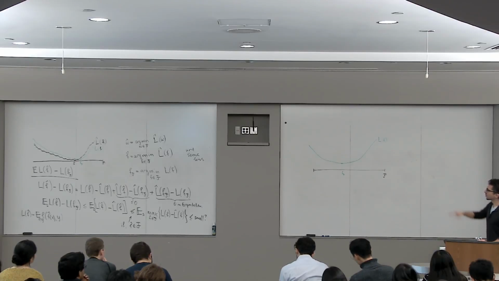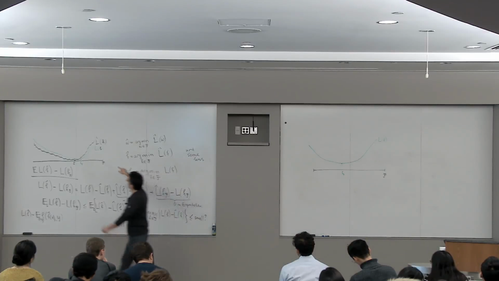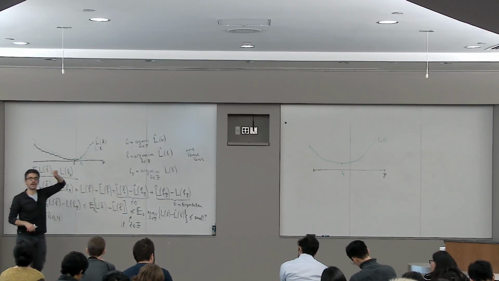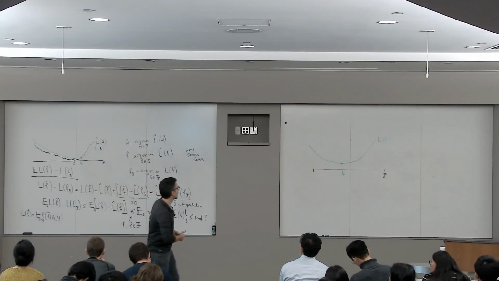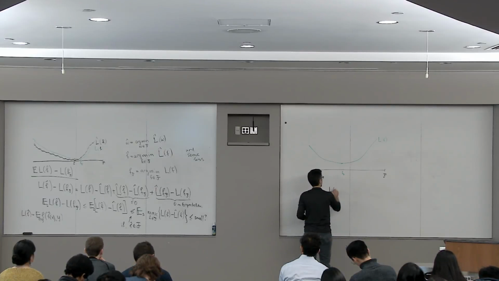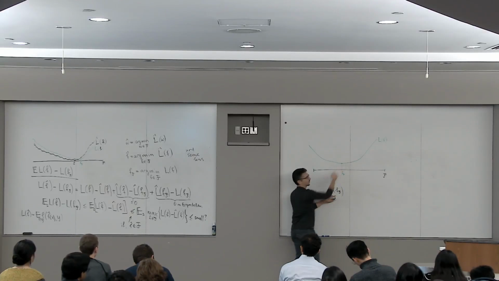So the right way to think about this picture is that the black line is a random process. What do I mean by that? Let me think of L of f sub F, which is exactly this value, right?